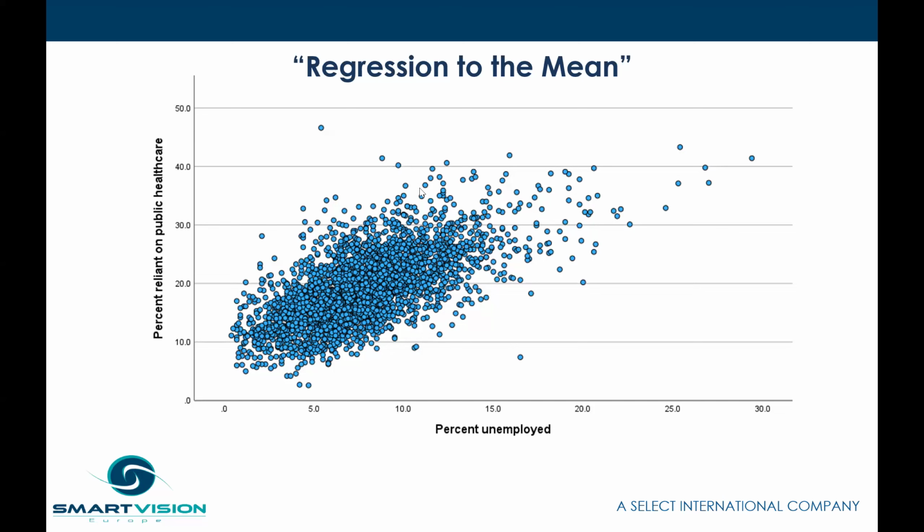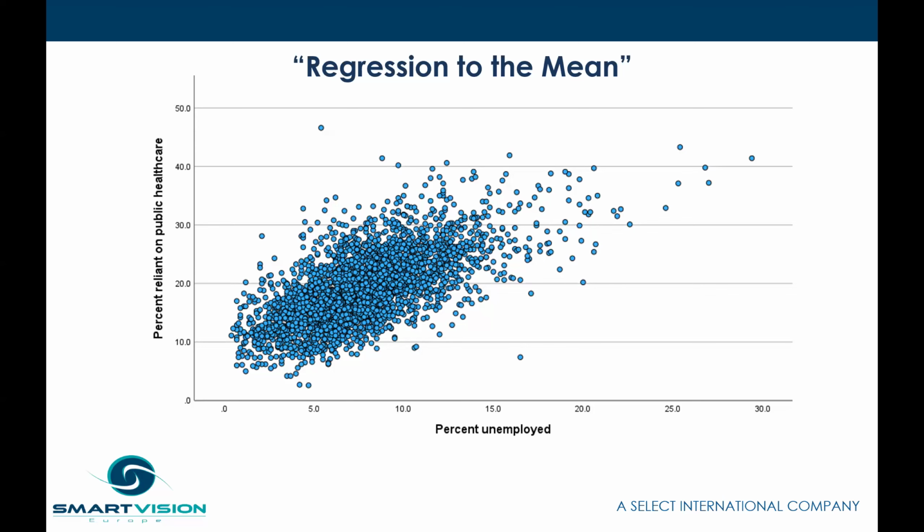It's simply saying that as unemployment is higher in certain counties, you tend to find that the proportion of people who are reliant on public health care and don't have private health care increases as well. So of course, they're both measuring underlying socioeconomic factors, as we would expect.